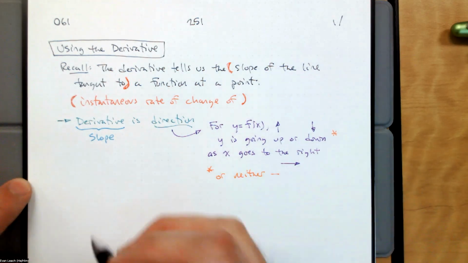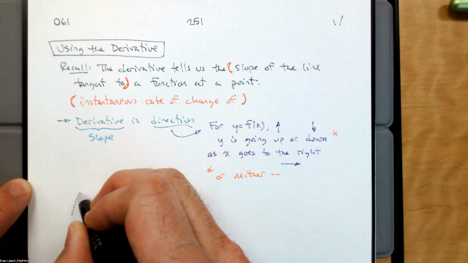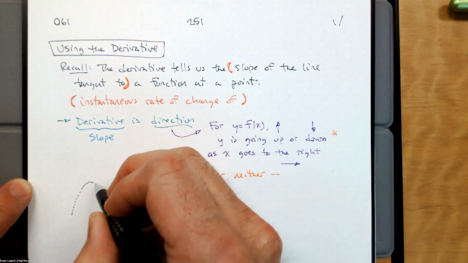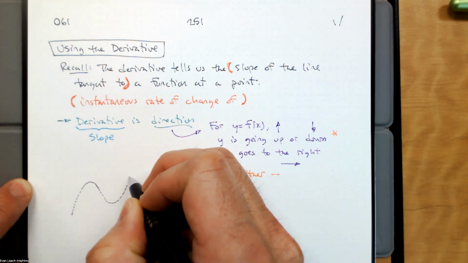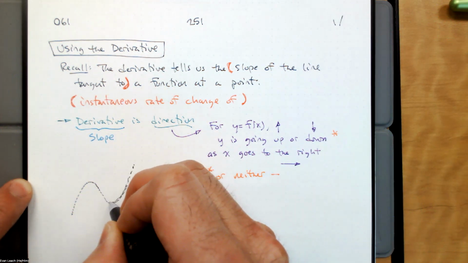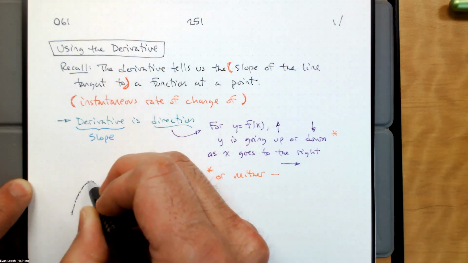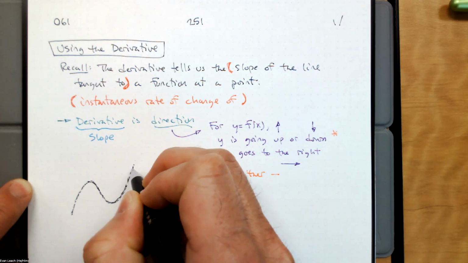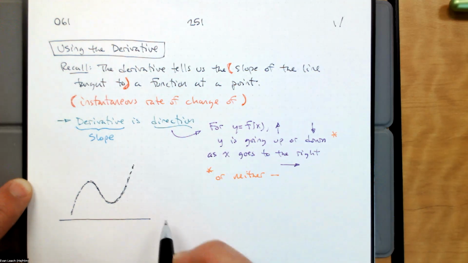So if we have a function, I'm going to draw a picture of a function that goes up, then down, and then up again, where the x-axis is not really important.